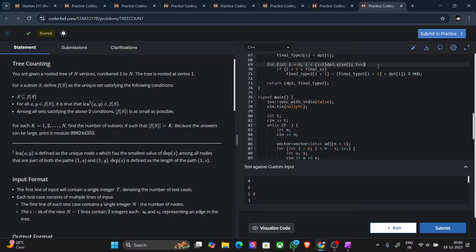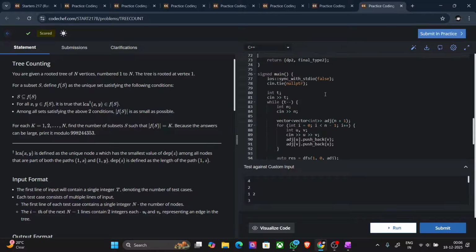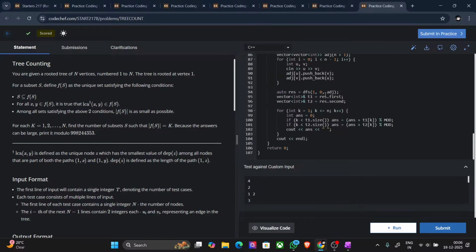And then I have iterated over the third dp, and if i+1 is less than final size, final type[i+1] equals the addition of dp3, which is the third type. Then I can return dp2 and the final type 2, right, for this. And after that we will get dp2 and final dp2 here.